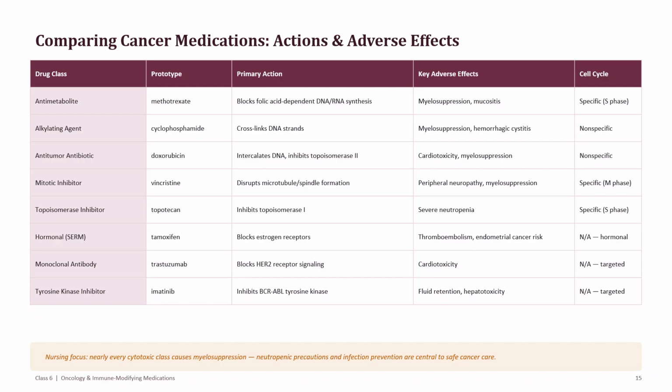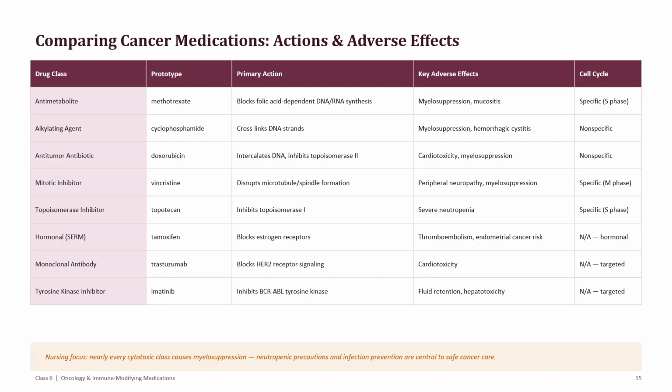So take a moment to just actually look at this table. I'm not going to read it to you row by row because there's no value in that. You can read it on your own. But look at the key adverse column and notice that the first 5 rows, the cytotoxic medications, they all share some version of myelosuppression.